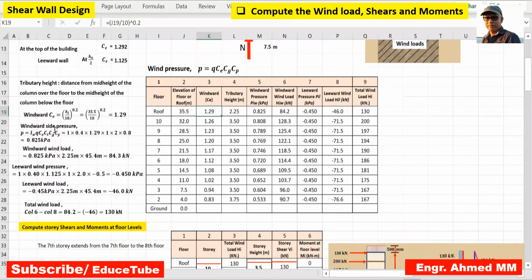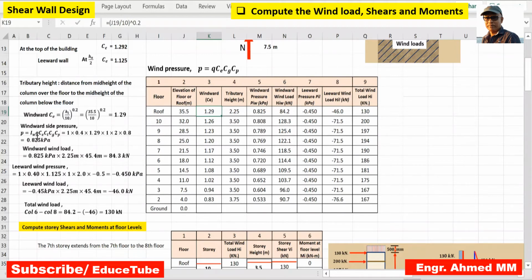Now the windward side pressure is P equal to this wind pressure formula. So we have to put IW, the importance factor, which is 1. The topography factor also will be 1.